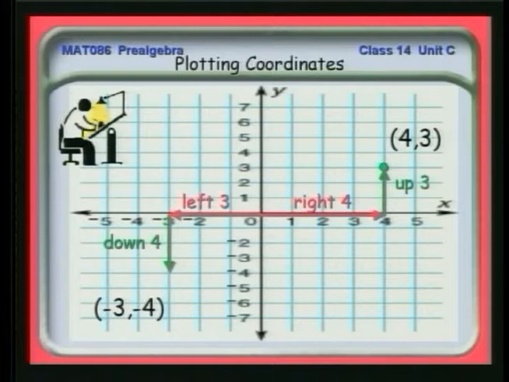And here we plot the point. Bam, there's where that point is. We've plotted 2 points by going first along x, horizontally, and then vertically up and down depending on what the y value is.